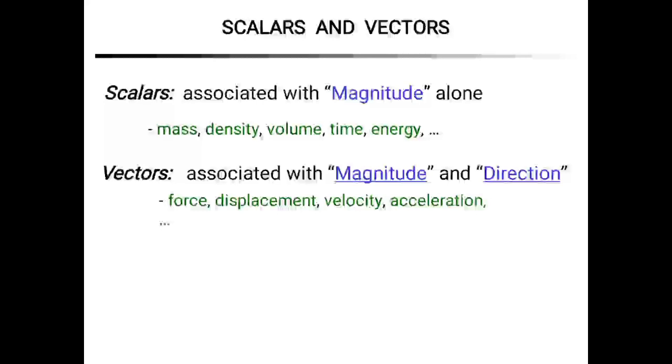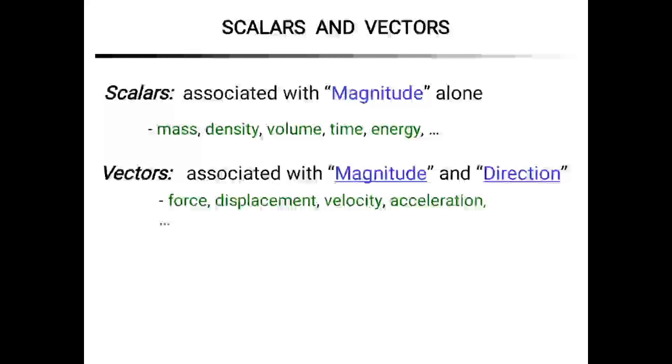In this, we will see the example of force. As already said, force has the unit of Newton. The Newton is derived from force is equal to mass into acceleration. In case of mass, we have only the kilogram as unit, and it is only the magnitude.